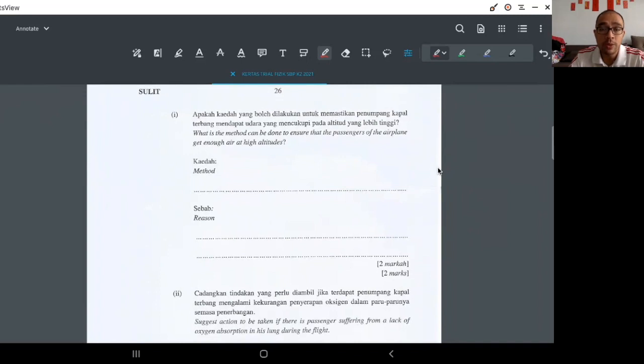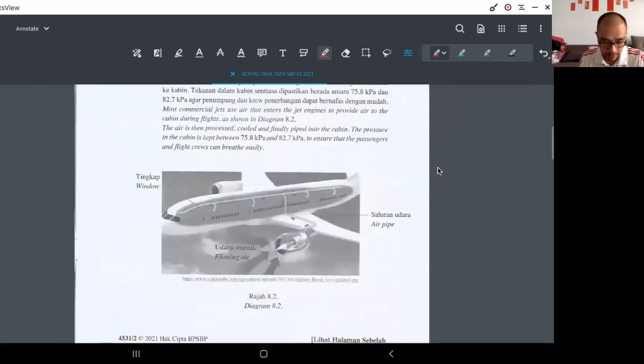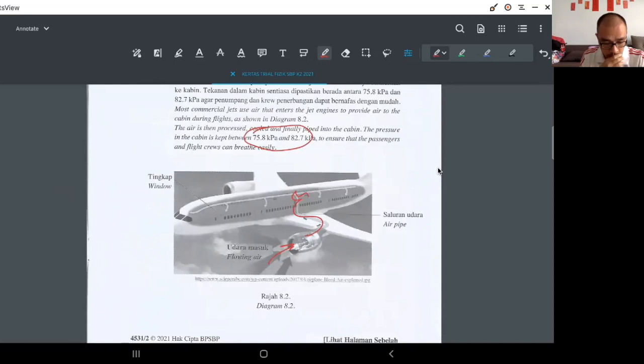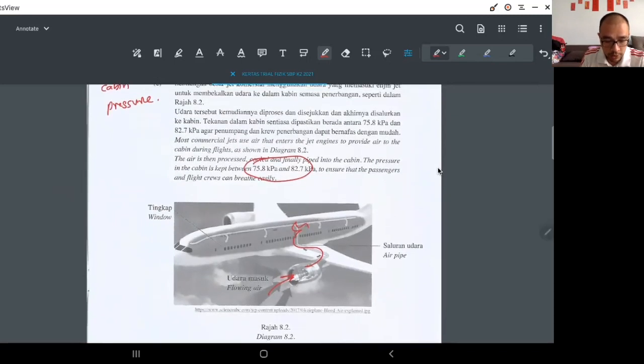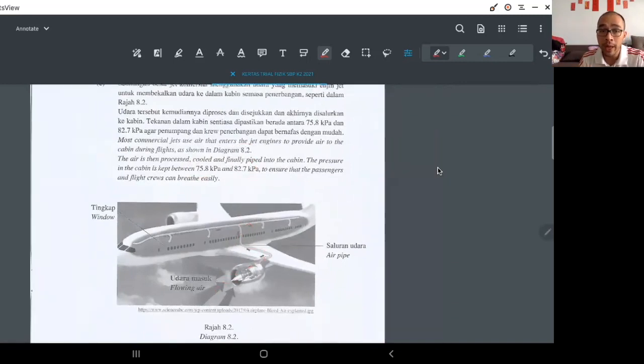This one is a bit out of the normal kind of question. But if you think logically, if we want enough air to come in, we need to be able to increase the air suction. Most commercial air enters the jet engine, so we need to be able to suck in more air.